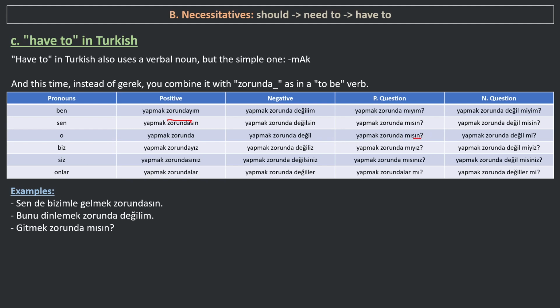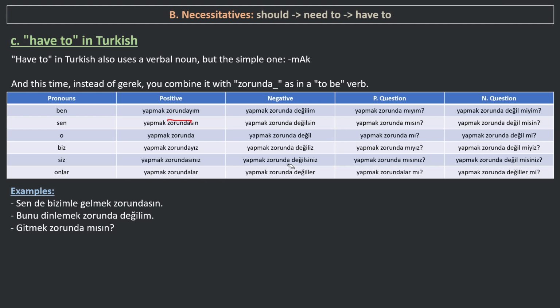There's a little typo here. Let me fix it. Thank you. I'm typing this by hand, so sometimes there can be a typo. Yes, correct. Yapmak zorunda mı? No, there's no exception. Yes.